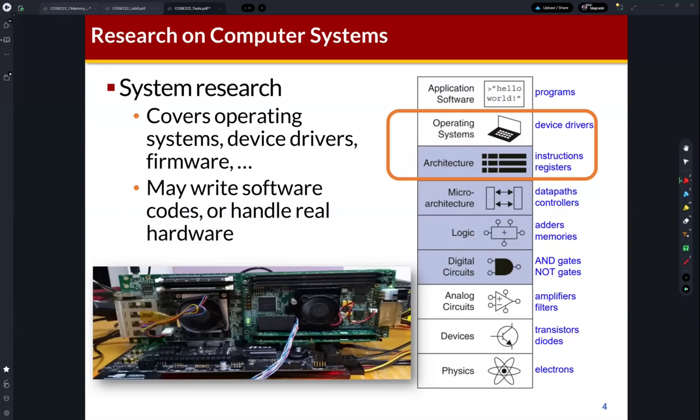In Lab 5, you were requested to design the single cycle processor, right? So what did you use? You used SystemVerilog, the hardware description language, to design the single cycle processor.